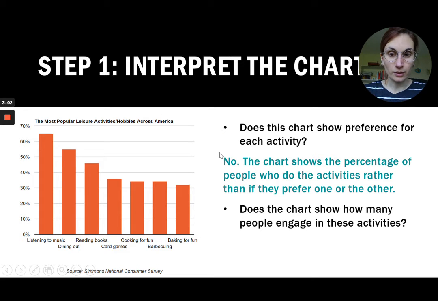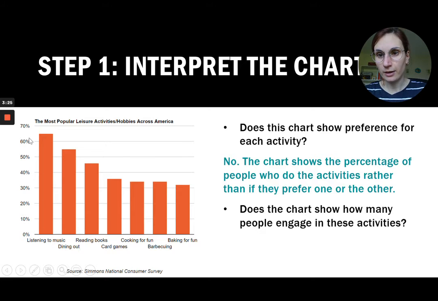No, it does not. It's not showing preference because it's not asking, for example, which one do you prefer from these options. It's asking people to tick the ones that you do or that you like doing. Otherwise, the total would be 100%.